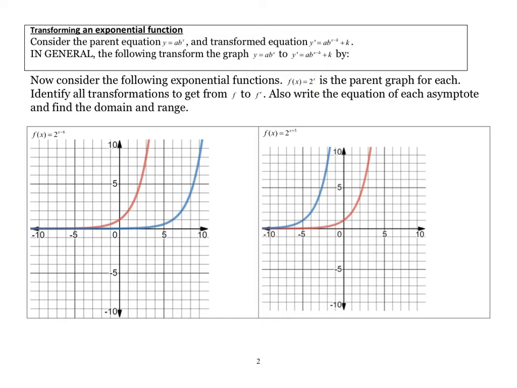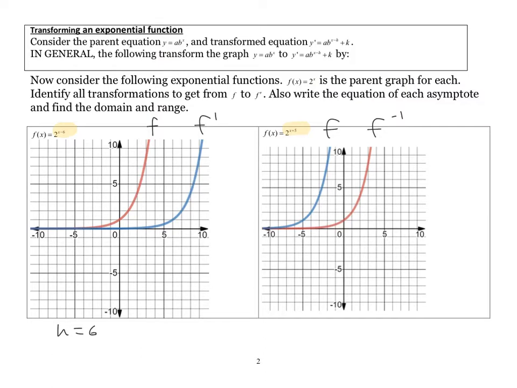So let me start by naming these graphs. This is f, and this is the transformed function. Let's talk about the transformations, and we're going to look at this equation. If I look at this equation, I'll be able to identify what variable I'm looking at. Here the h value is 6.